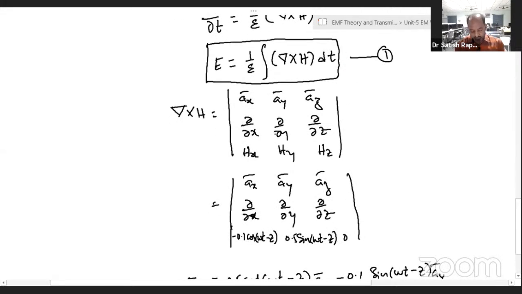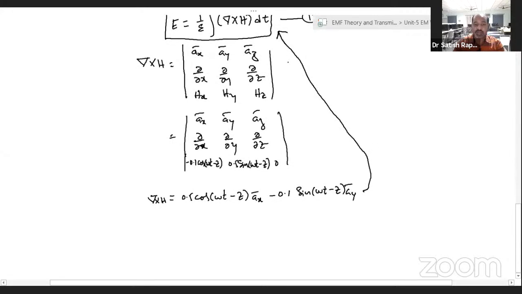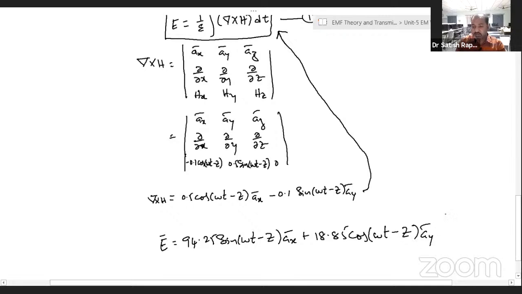So this is del cross H. Substitute del cross H in this equation and integrate, and you will get E. So E is equal to 94.25 sine omega t minus z ax bar plus 18.85 cos omega t minus z ay bar volts per meter.